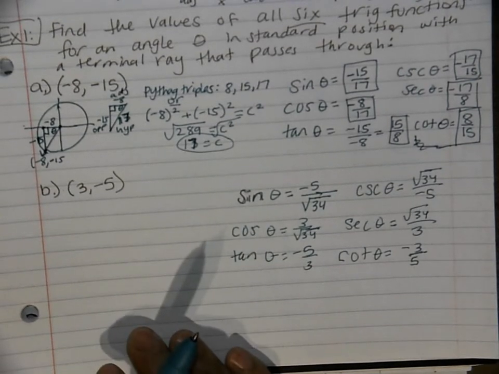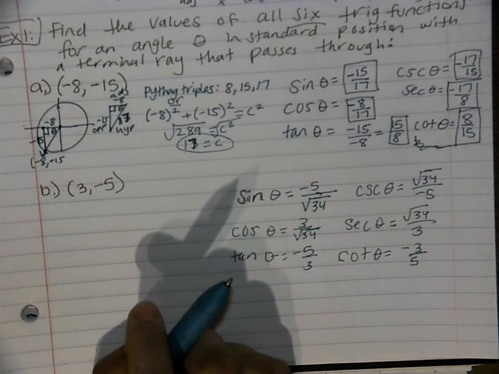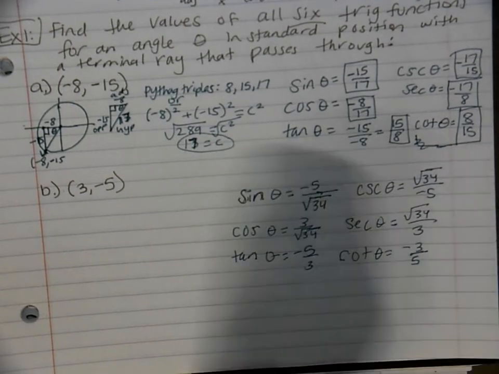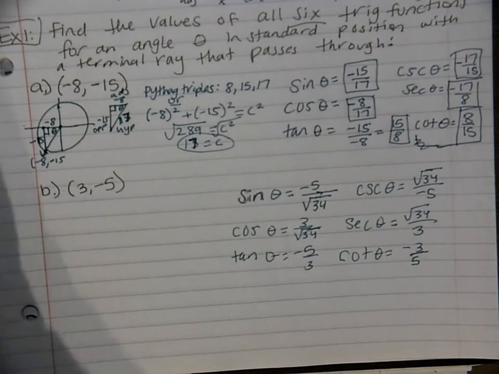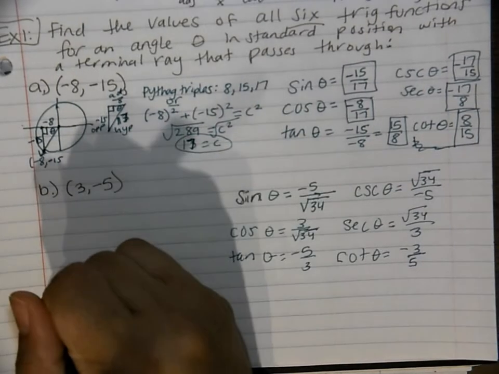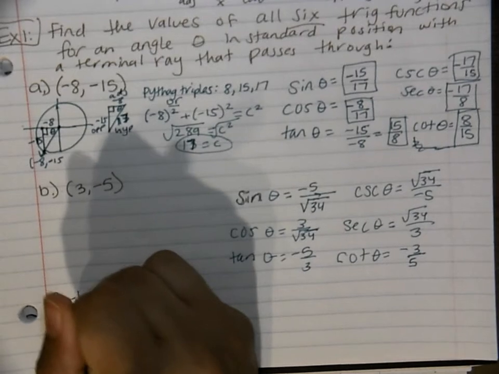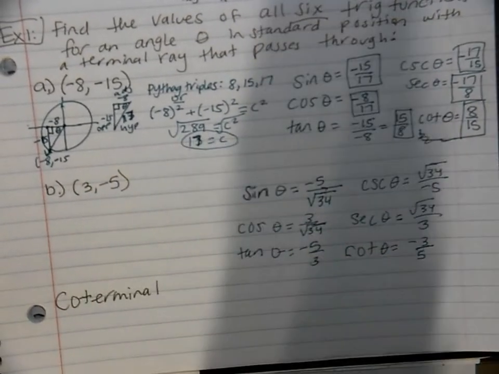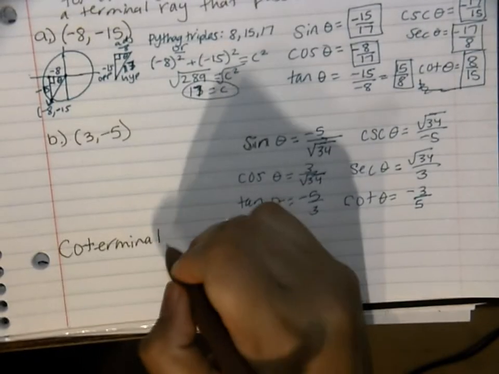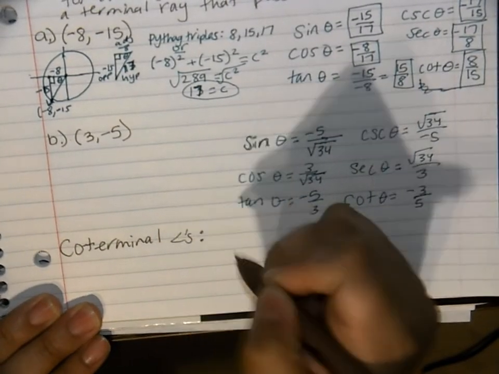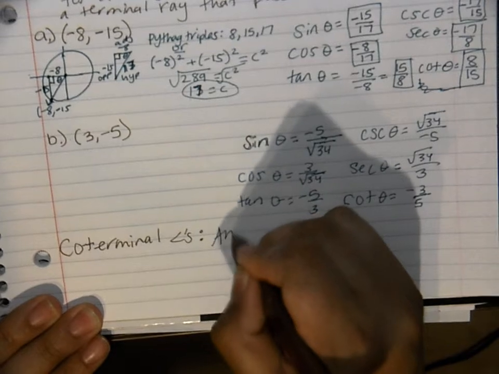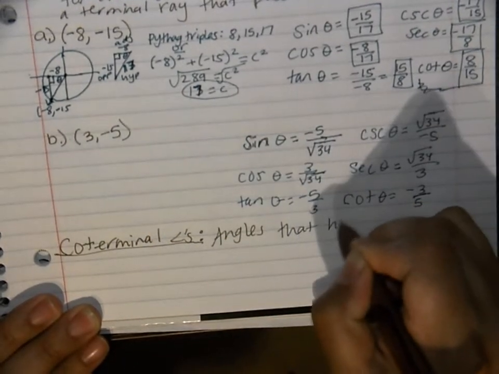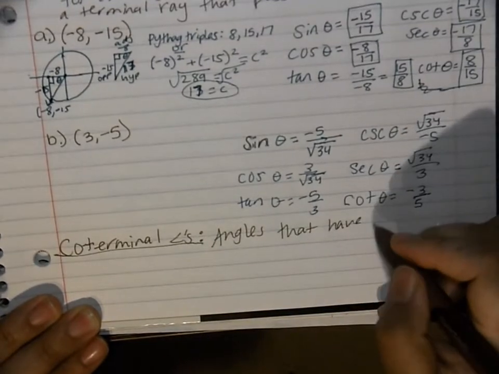The next two things are two different types of angles. One's called coterminal angles, and another one is called reference angles. So I'll define that right on the bottom here, and then we'll go to the next page to try it out. So coterminal angles are angles that have the terminal side in the same location.